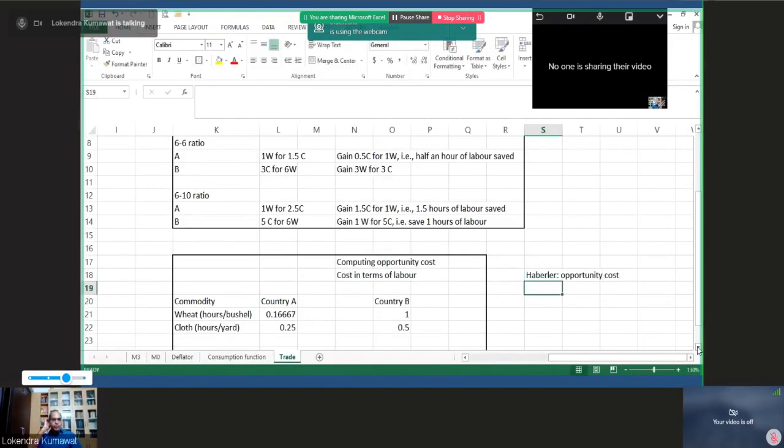Opportunity cost. I hope you understand what opportunity cost is. Suppose I am concerned with pens and dusters. The opportunity cost of a duster in terms of pens is the number of pens that can be produced which is equivalent to the number of dusters.